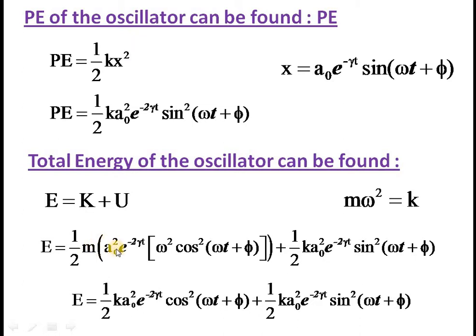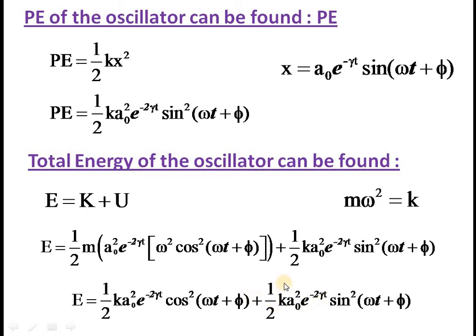We can see m omega square here, and that is equal to k. By replacing m omega square by k, total energy is equal to half k a0 square e raised to minus 2 gamma t cos square omega t plus phi, and the same factor again coming into sin square omega t plus phi.